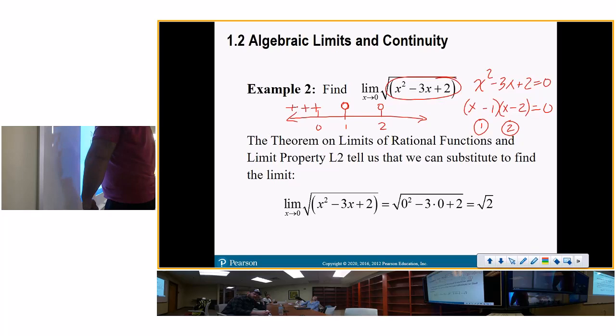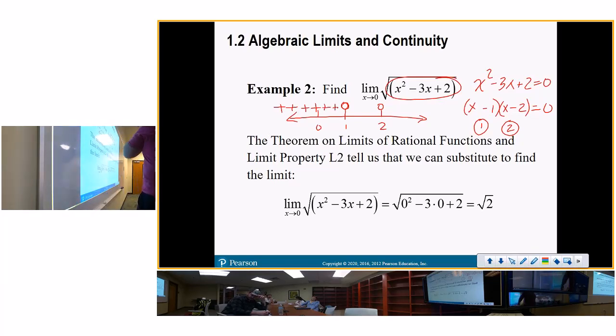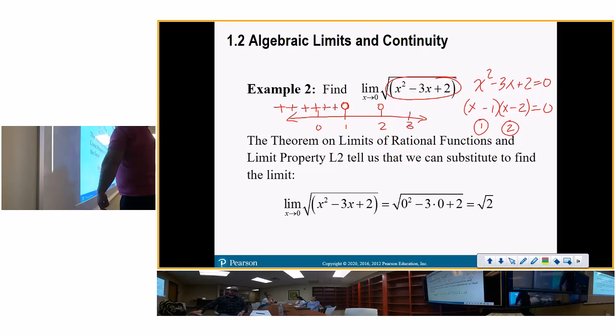So anything this way, I'm going to get positive numbers. I can have positive numbers. That's good. How about 3? What happens when I plug in a 3? 3 squared is what? Minus 3 times 3 is what? Plus what? So I can plug in these numbers also.